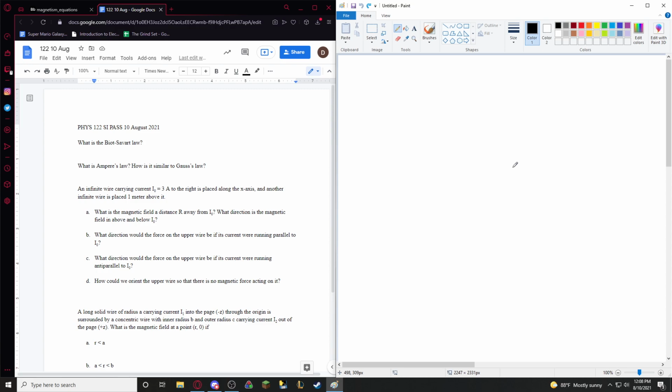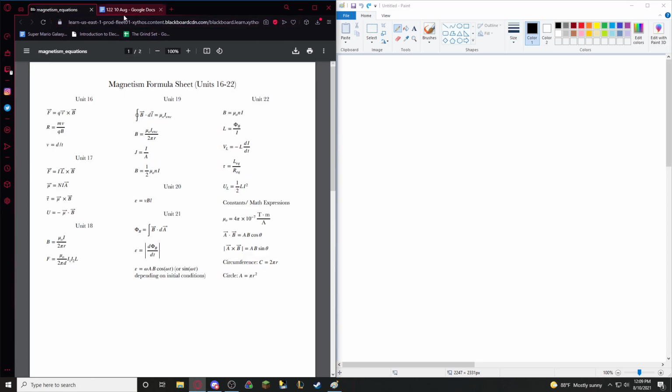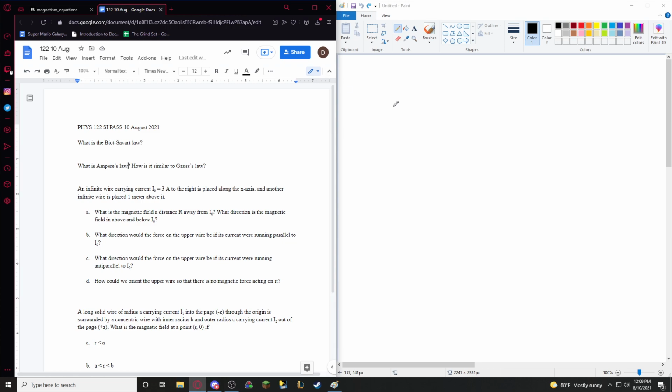So you mentioned something about something being equal to mu naught I enclosed. So what exactly is Ampere's law itself, like the equation? The equation is the closed loop integral of the electric field dot dl, and I believe dl is supposed to be the distance.